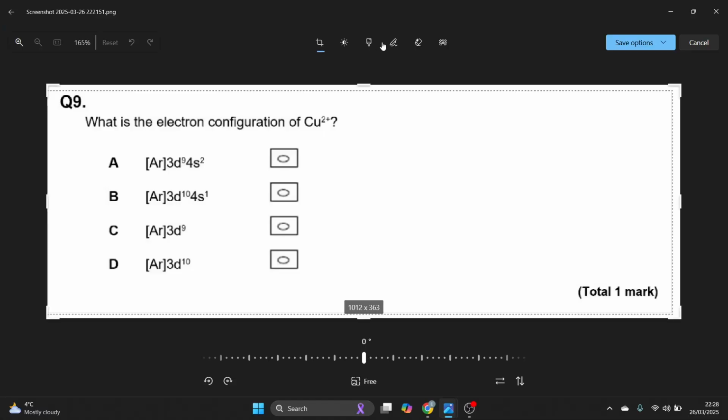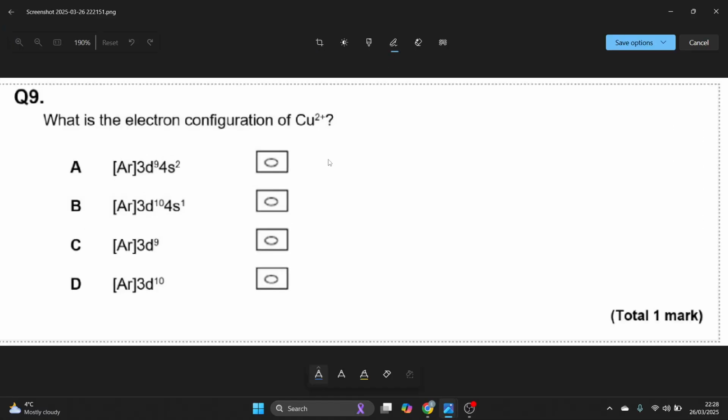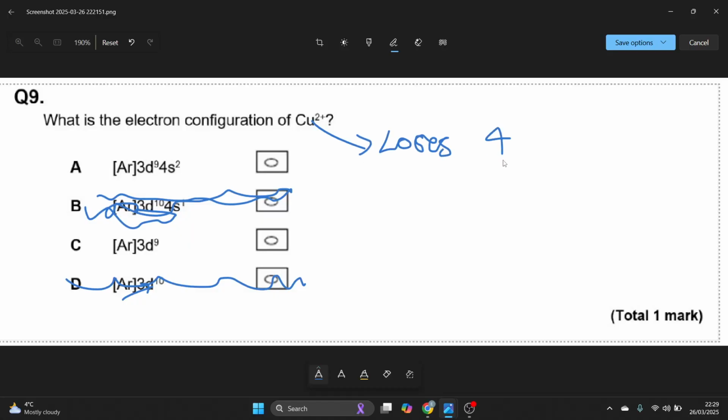Question 9, which is the electron configuration of Cu2+? Can't be D, definitely not, because it's got a full 3D subshell. And it can't be B, well, full 3D subshell. So it's left with A and C, and remember, it loses the 4s electrons before the 3D.